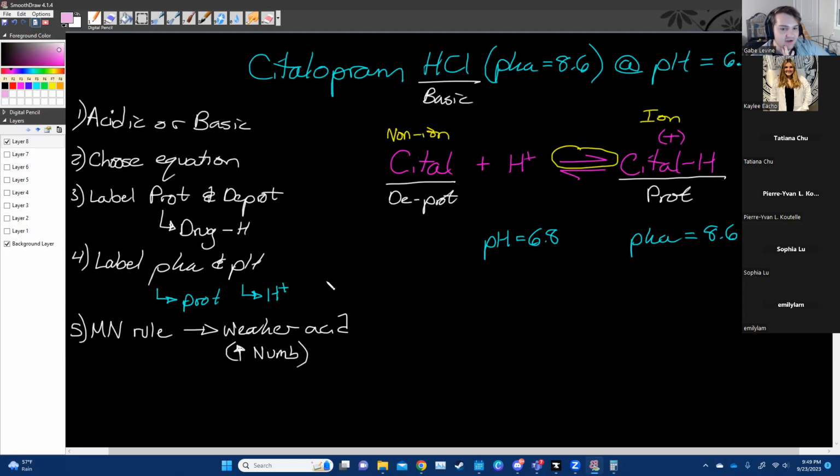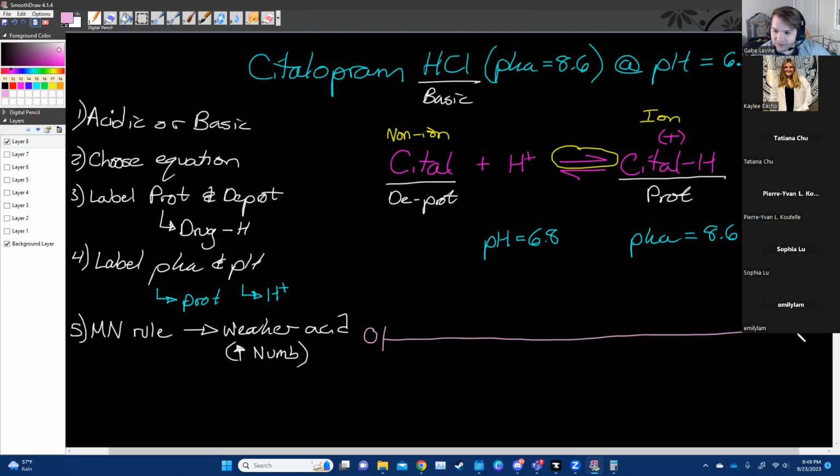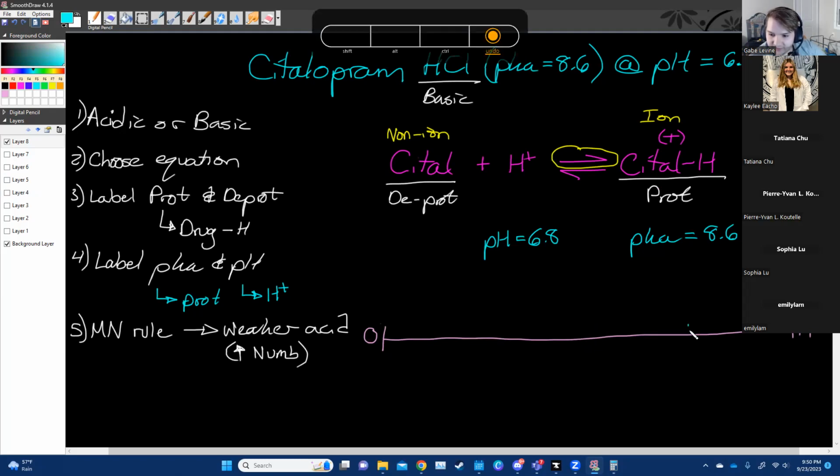Now we can take a look at our number line. So we have 0. Wow, I can't draw in straight lines. All the way up to 14. We can add in our pKa at 8.6.